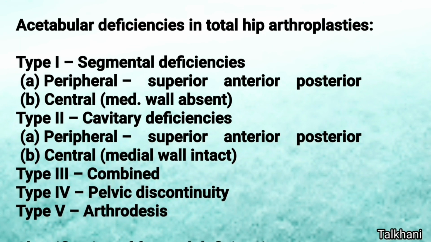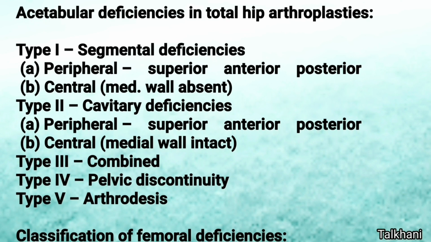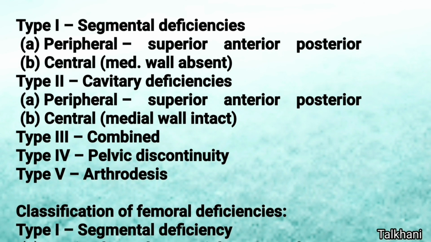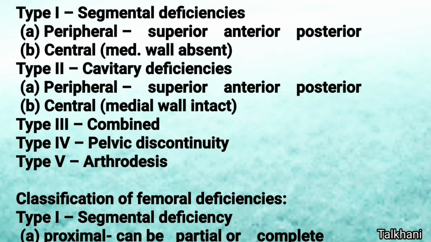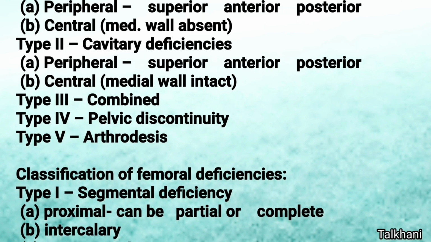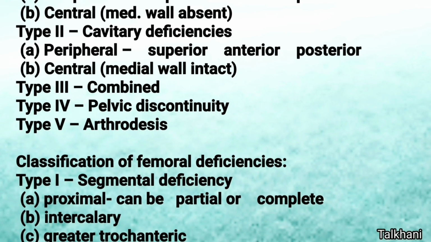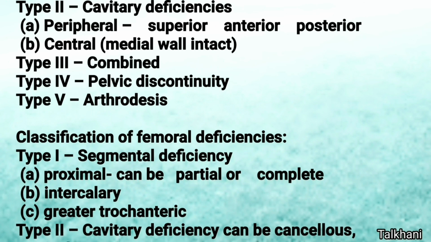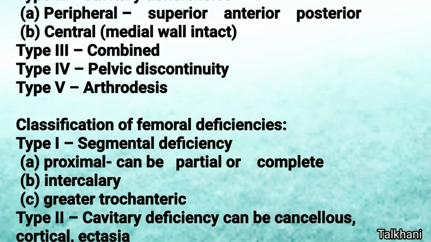Acetabular deficiencies in total hip arthroplasty are classified as follows. Type 1, segmental deficiencies. A, peripheral segmental deficiency can be superior, anterior, or posterior. B, central segmental deficiency with absent medial wall. Type 2, cavitary deficiency.